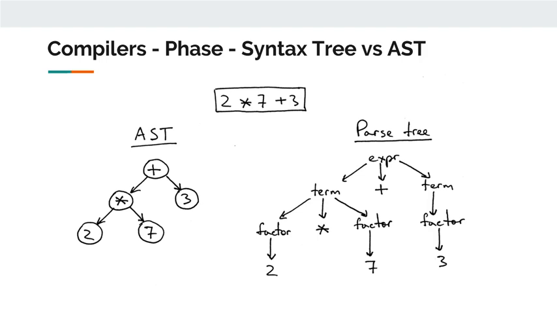But if we go inside operator precedence, you will know that plus and minus have the same precedence level, and multiplication and division have the same priority, but multiplication and division bind more than addition and subtraction.